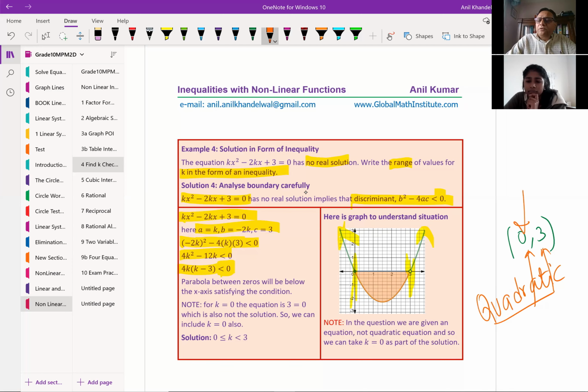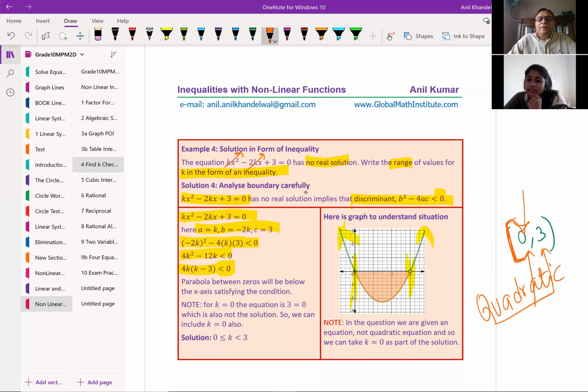So if I put k as 0, this term becomes 0, right? This term becomes 0. What do I get? I get 3 equals 0, right? Is 3 equals 0 a solution? No. Not a solution, right? So we have no solution even for k equals 0. Therefore, the value of k can be included. You get the idea. What happens if you substitute 3 in?